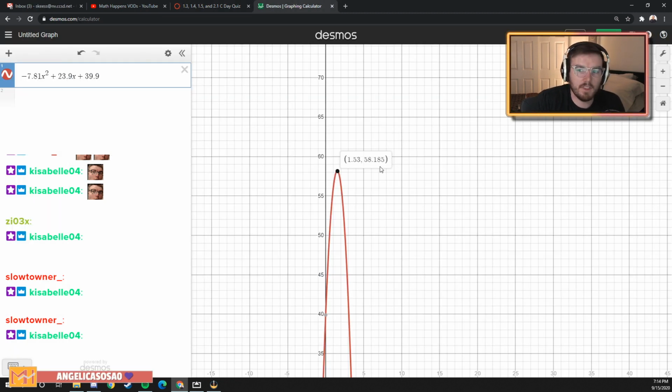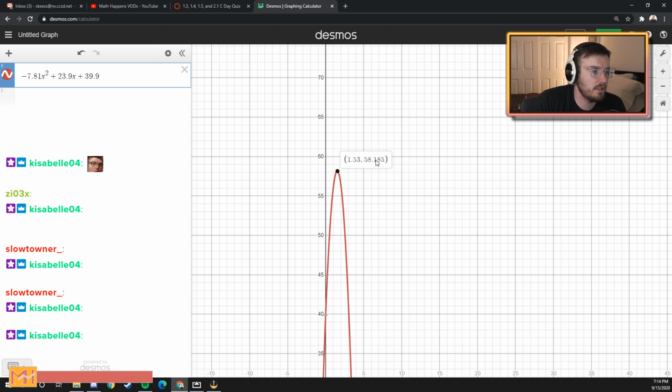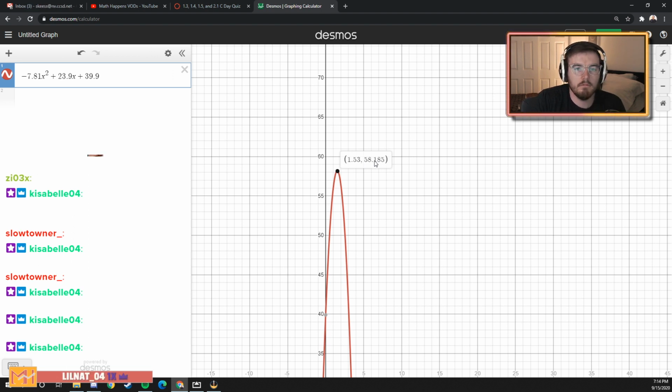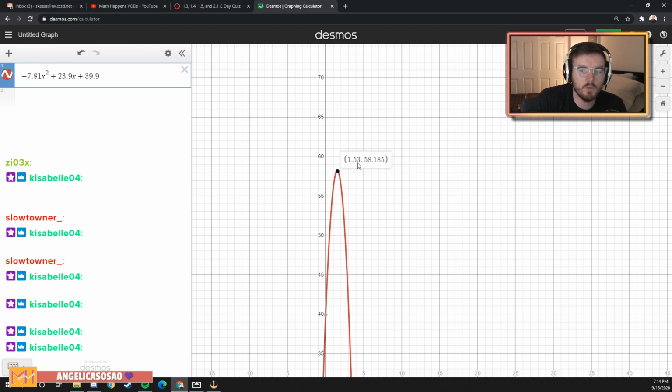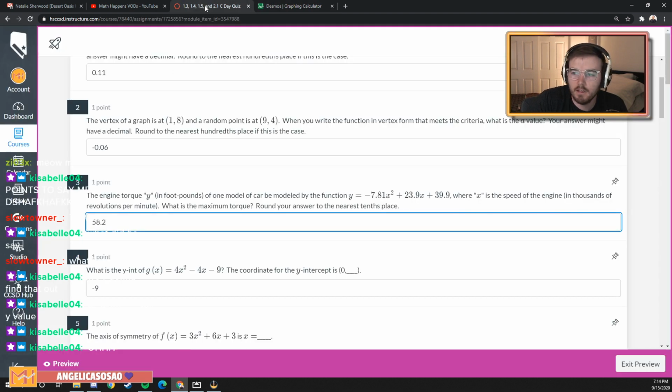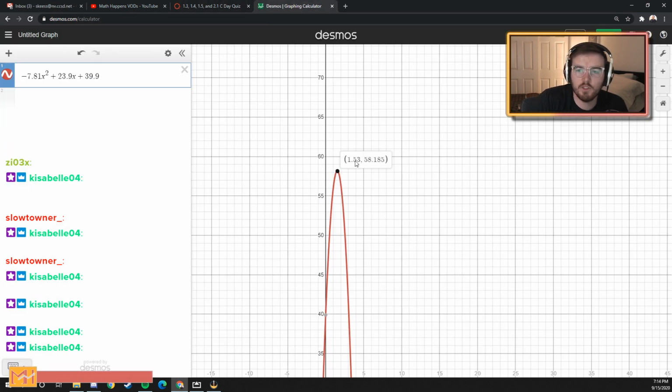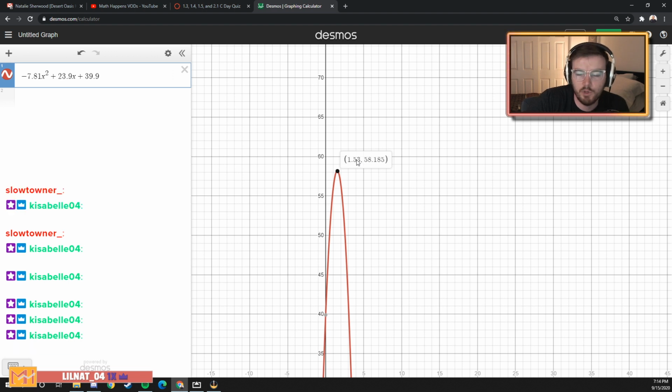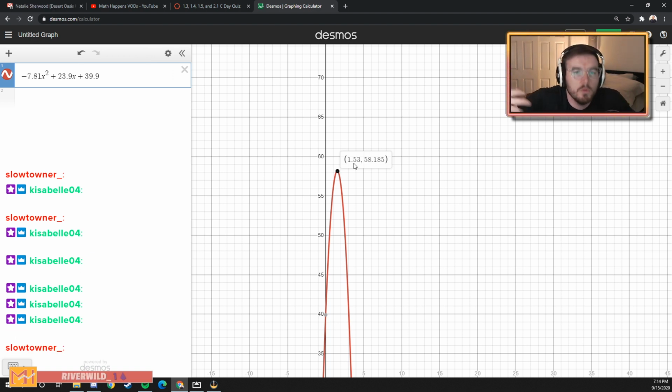Well, if this is the max torque, then this is the speed that gives you max torque. That's what this point represents. It says when the speed of your engine is 1.53, what is it? If it's 1.53 thousand revolutions, then your torque is this. So this is the max torque, 58, and this is the speed that gives you max torque.